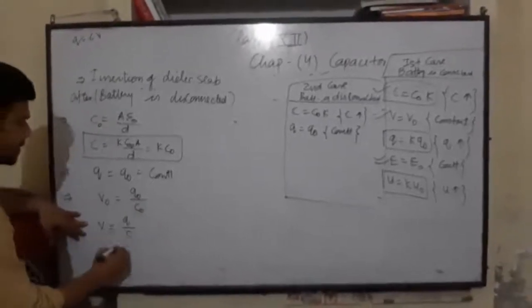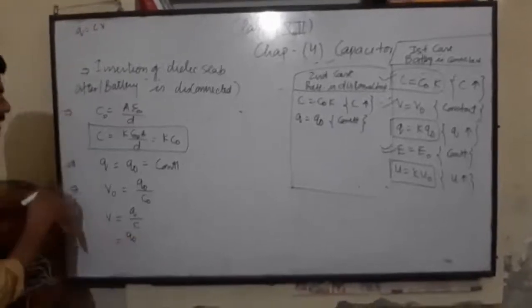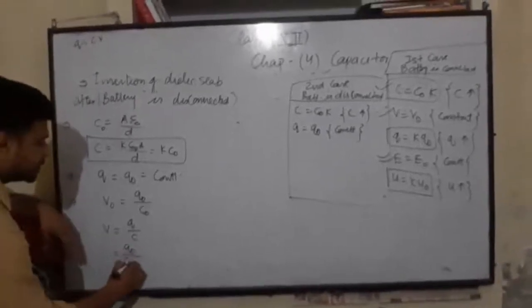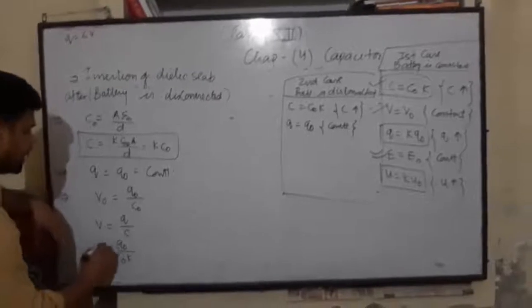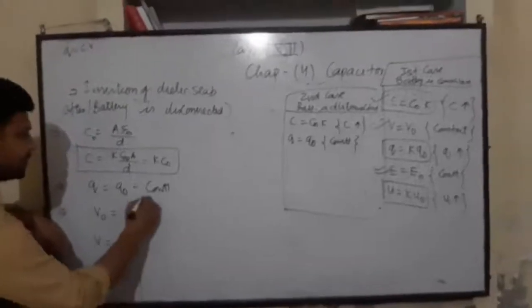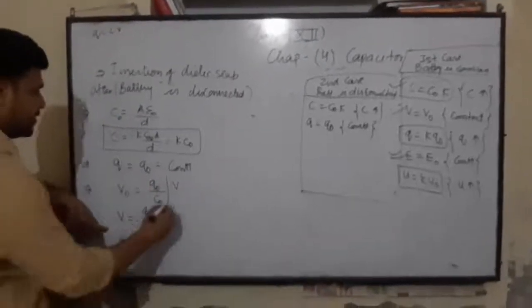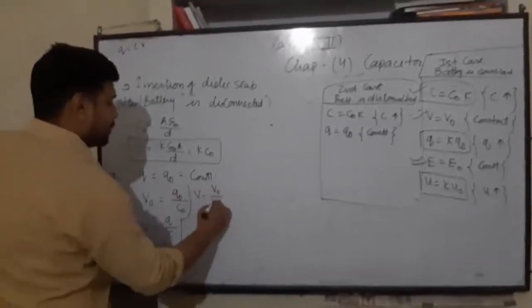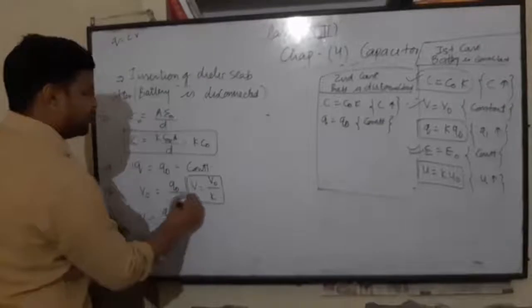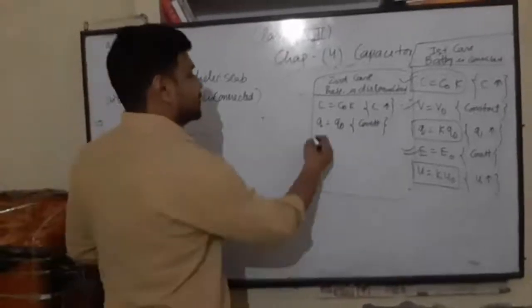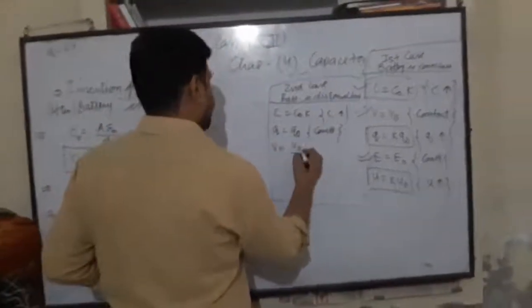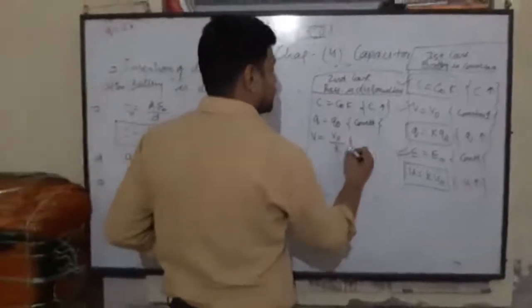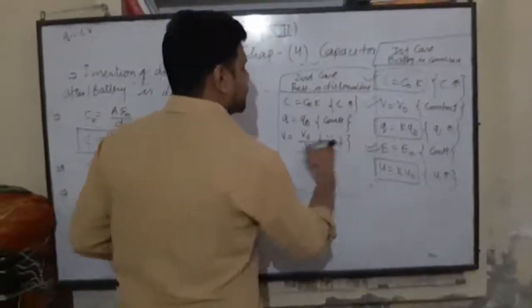Final charge is constant, so we write Q naught, and C becomes K C naught. So we see the potential V is equal to Q naught over K C naught, which is V naught upon K. So in this situation, the potential difference decreases by K times.